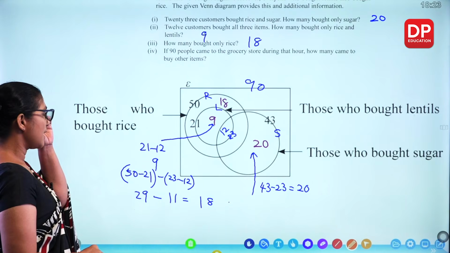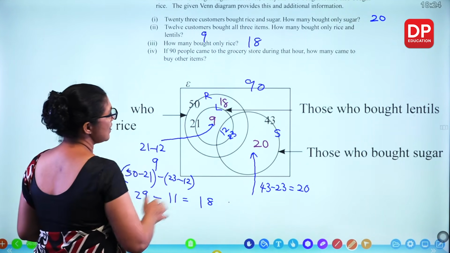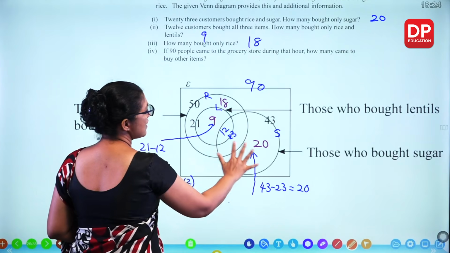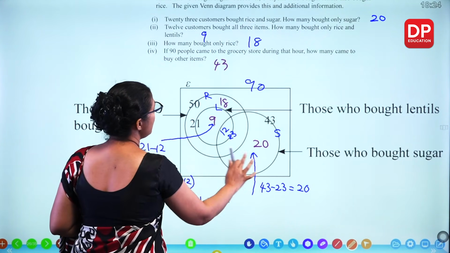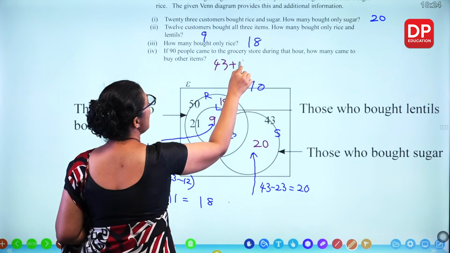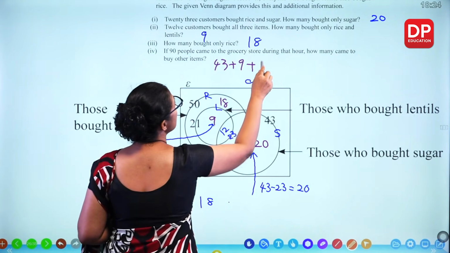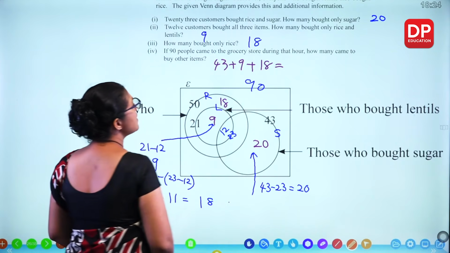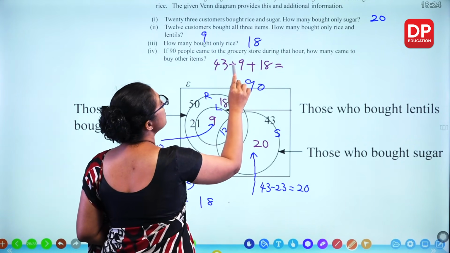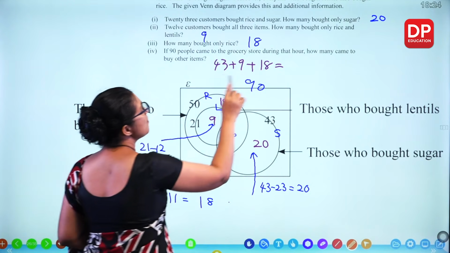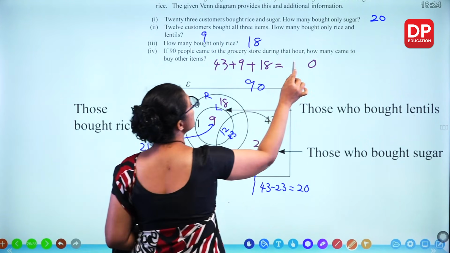So we'll calculate outside the 3 circles. Here I'll take this whole circle, 43, and then 9 and this part 18. Add it together and subtract from 90. 9 plus 3, 12, 12 plus 8, 20, 2 plus 1, 3, 3 plus 4, 7.